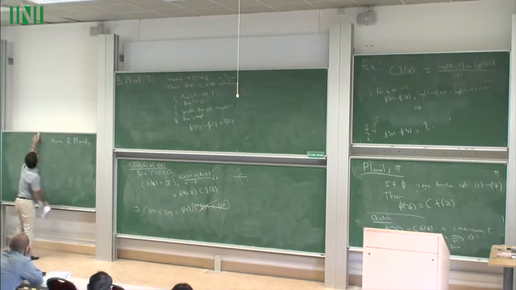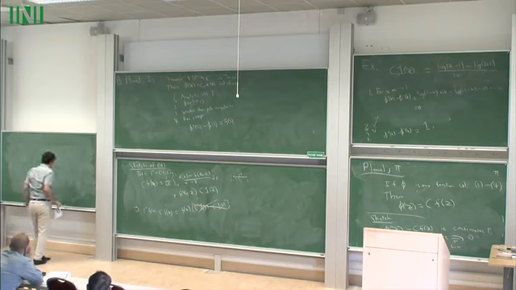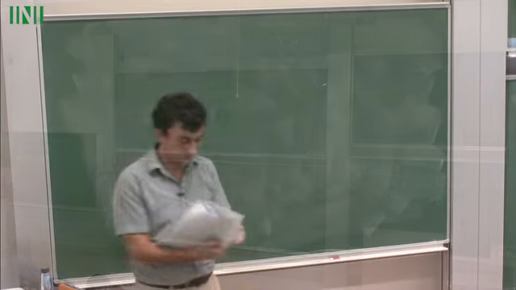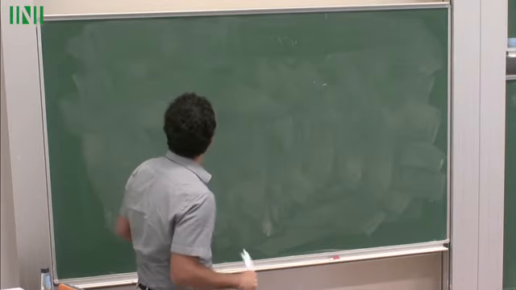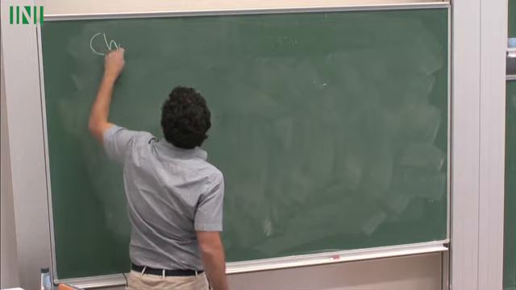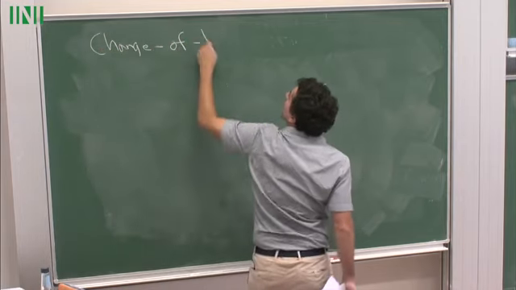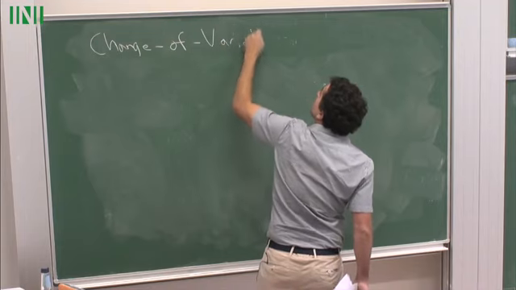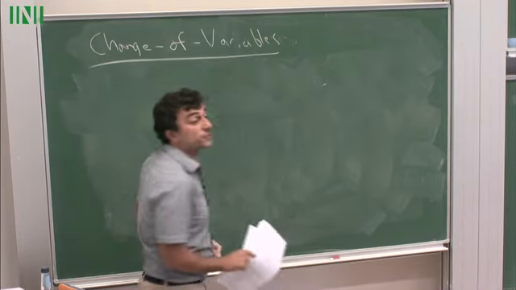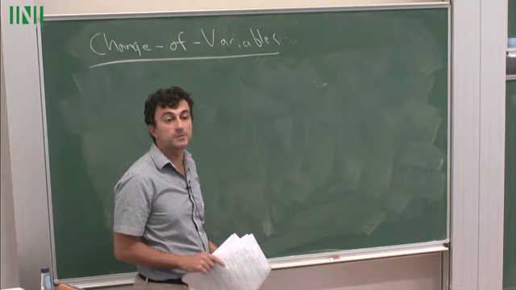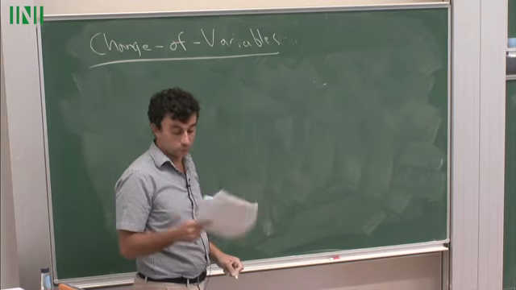Okay, so why is this useful? Well, it's useful because we can use it to derive change of variable formulas for Cauchy transform that do not follow from classical integral results.